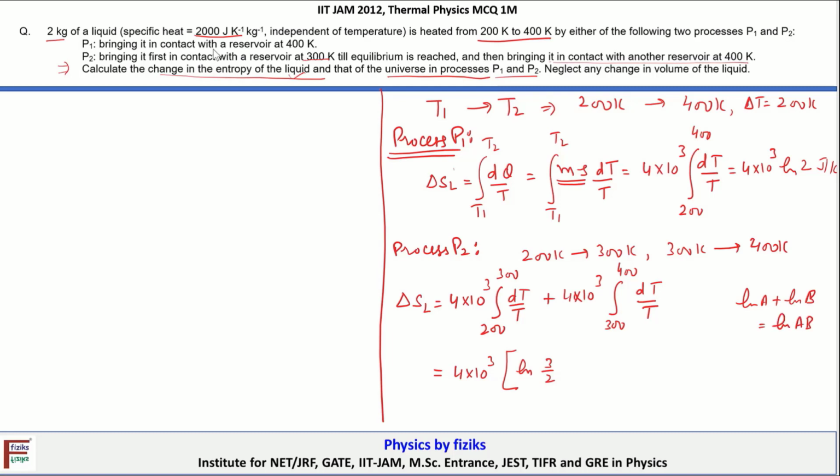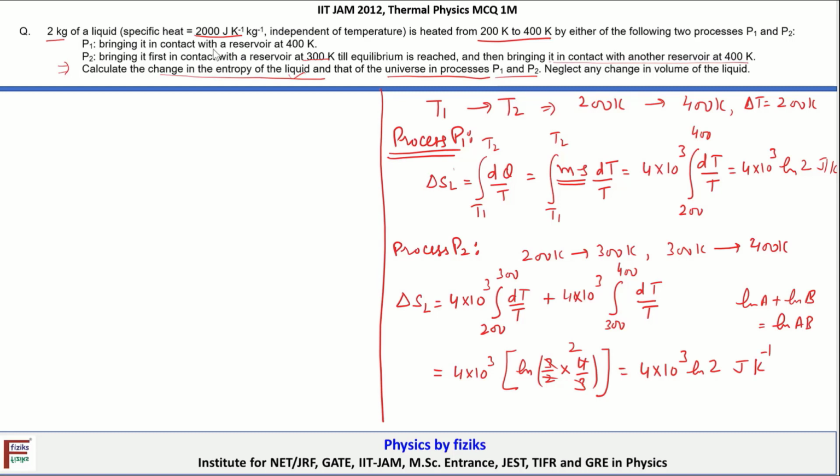Here we have the additional factor of ln 4 by 3, so I am simply multiplying that factor here, which helps us solve it quickly. So this is 2, and that means this is equal to 4 into 10 power 3 ln 2 joule per Kelvin.